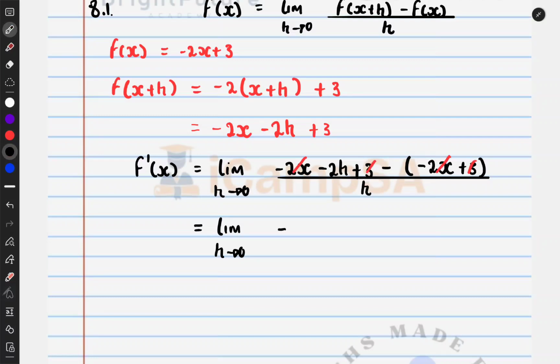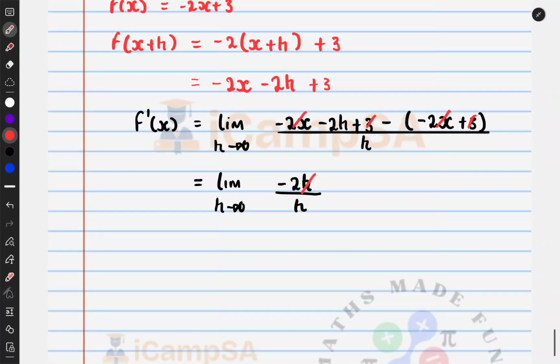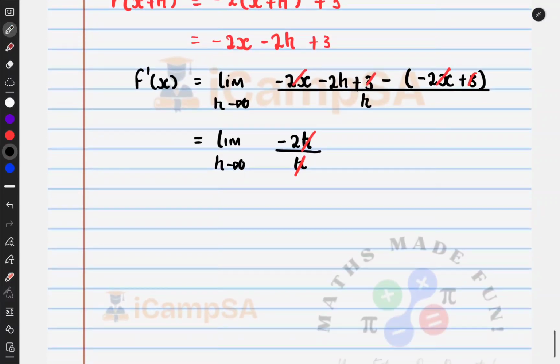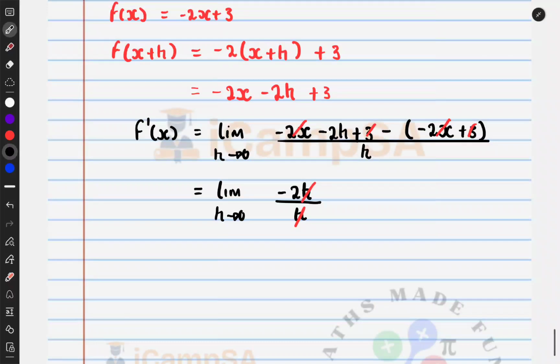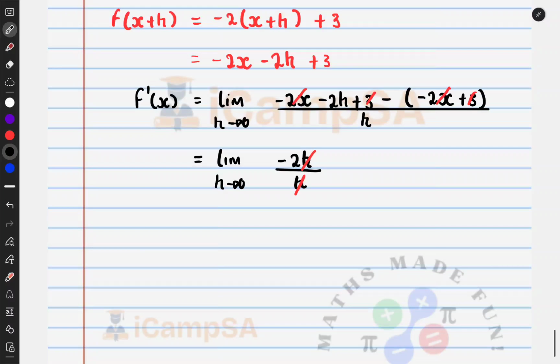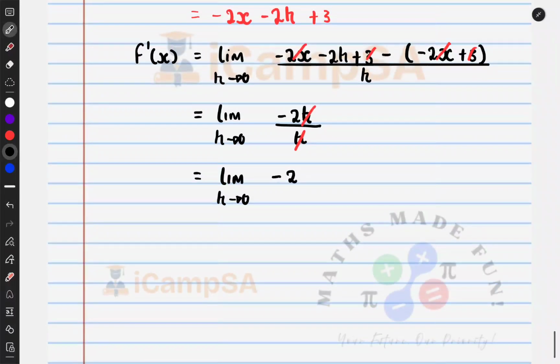Therefore we'll be left with minus 2h divided by h. So the h would cancel the h. Therefore, what happens, the limit as h approaches 0, we're going to have negative 2, which happens to be a constant, so we can't substitute 0 for h.